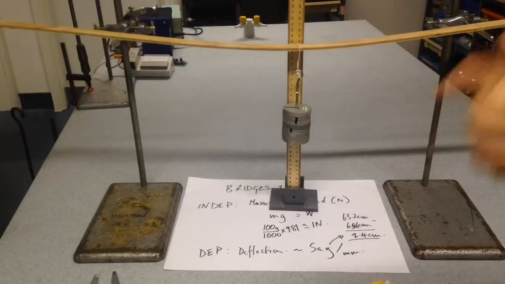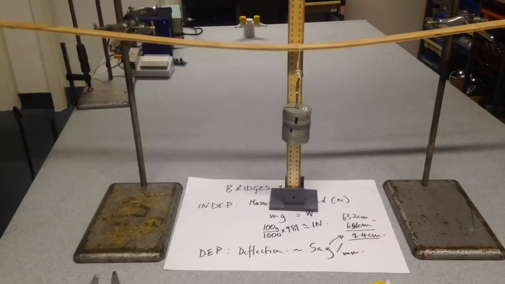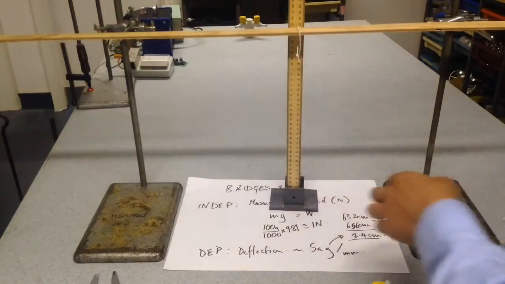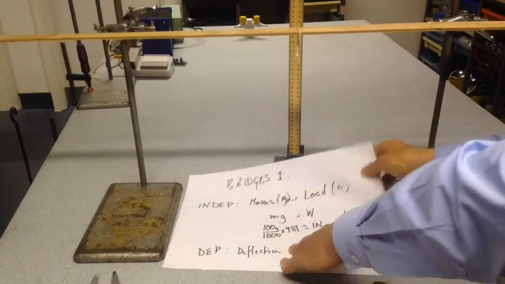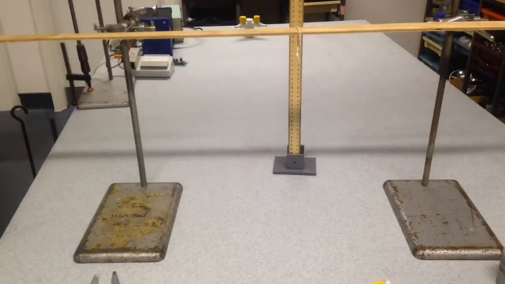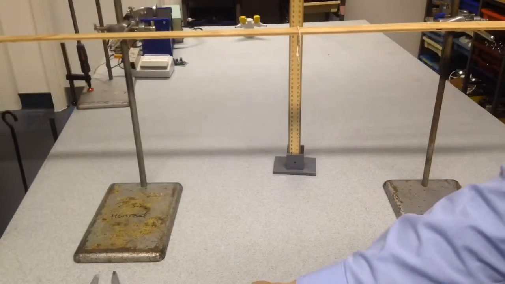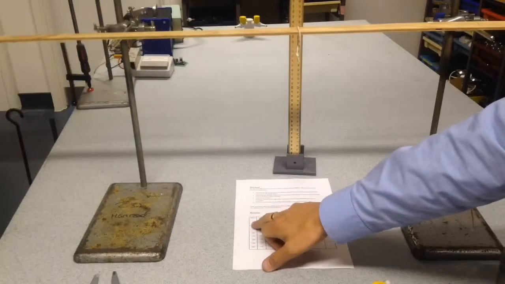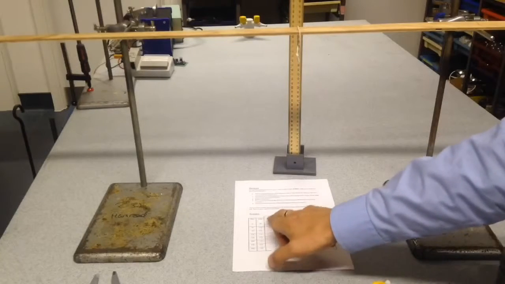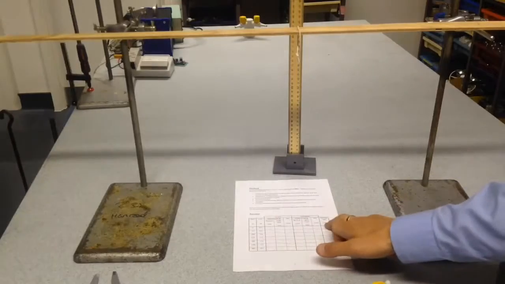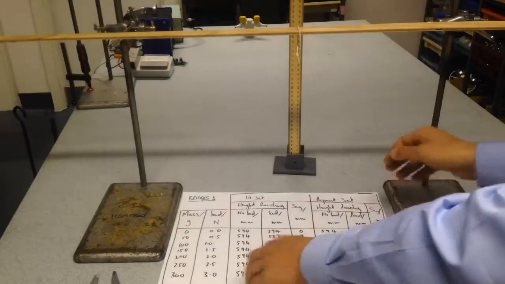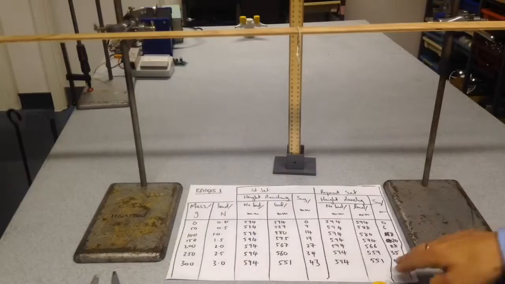We need to obviously make a table of results. Well, the table of results has actually been made for you. The table of results has been given on your sheet of paper, and it's asking to look at the mass, the load, the height, without and with, and therefore the sag. Repeat the readings once and see what happens. Now, I've made one earlier, as they say, and there are the results.